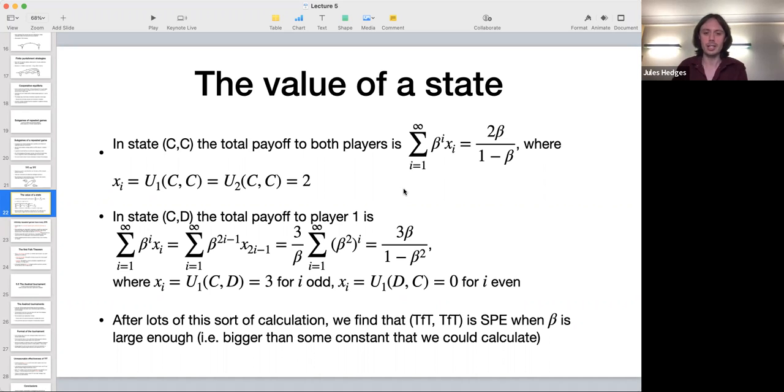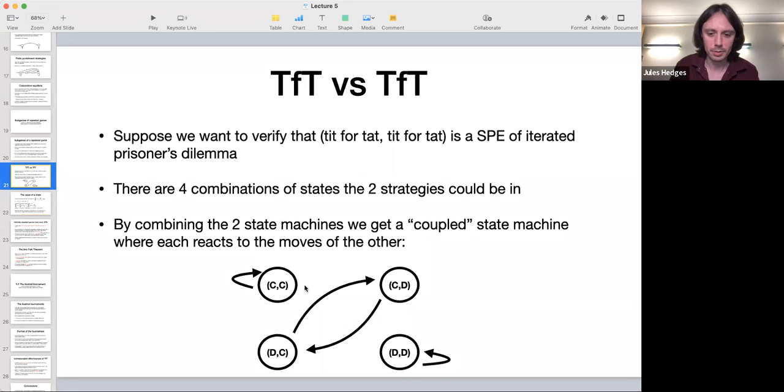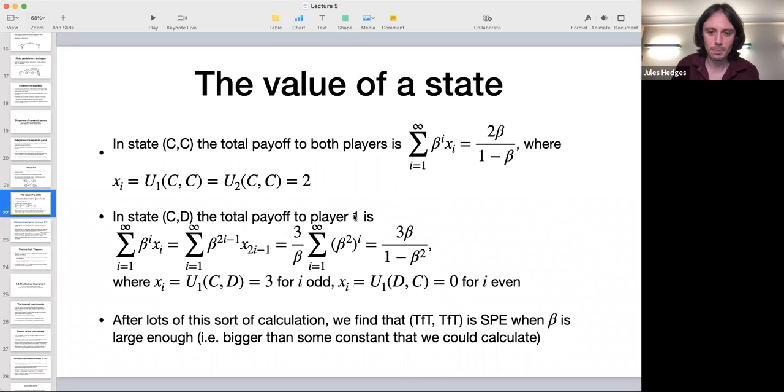Now, some of the other calculations are a bit more tricky. So let's say we start in state CD. That's this one. As we unfold the play, we're going to flip-flop. So let's say we want to get the payoff for player 1.